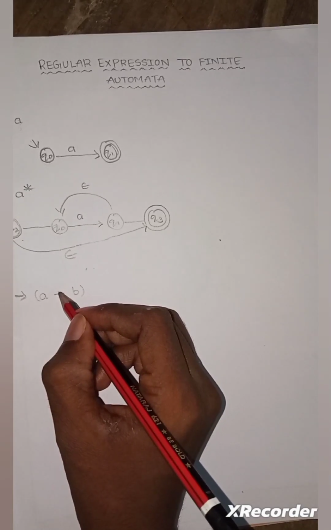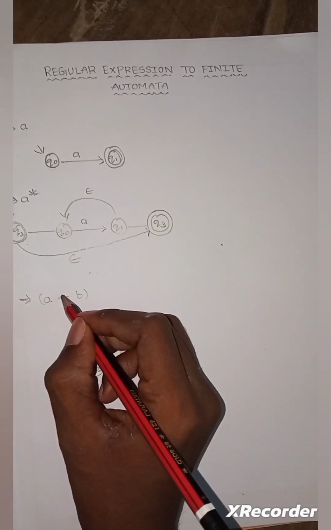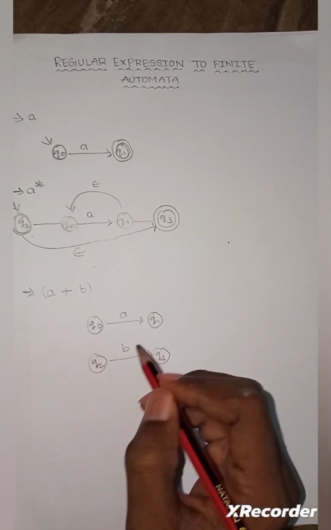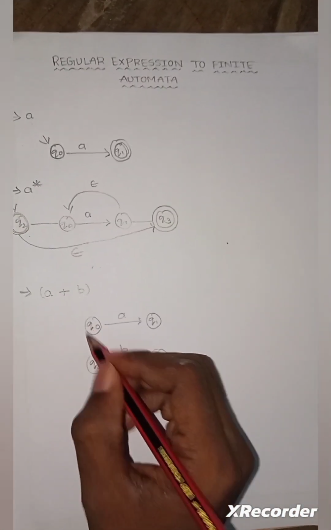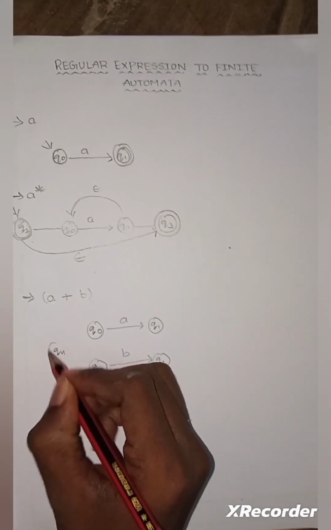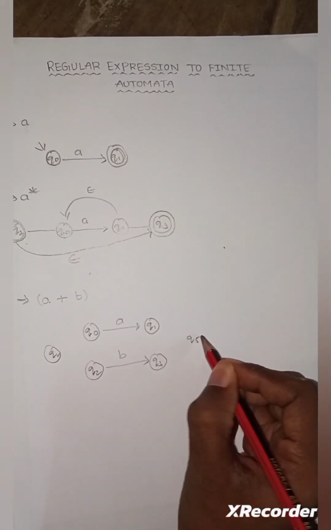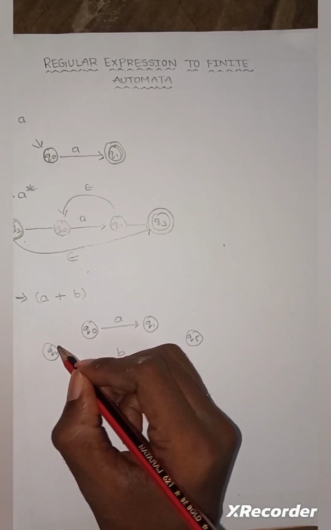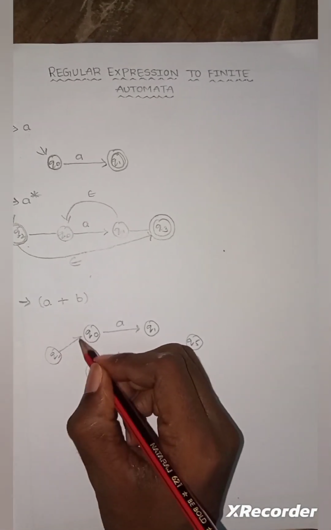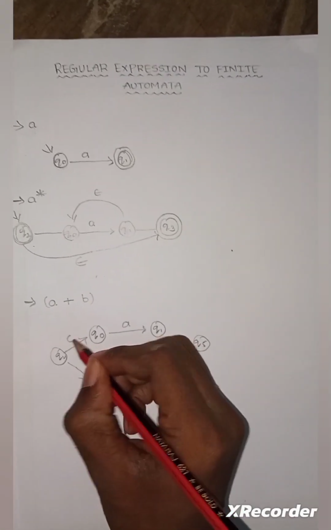And here, in between these two input symbols, plus means union. We need to combine all the states, so in order to combine all the states, we have to take two more states, that is Q4 and Q5. Okay, and we need to connect this Q4 to Q0 and Q2 by epsilon.